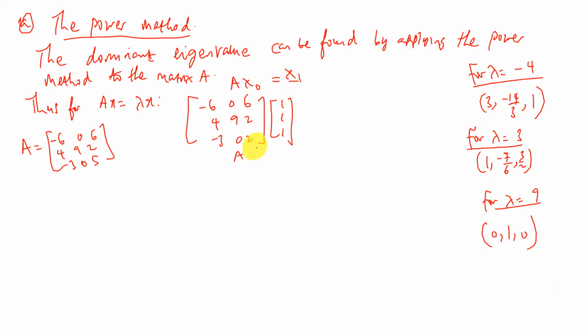These vectors we can normalize. Multiplying these by 1, 1, row by column, row by column: 4 plus 9, 13, plus 2, 15. And this one is going to be minus 3, 0, 2, minus 1. So that gives us x1.